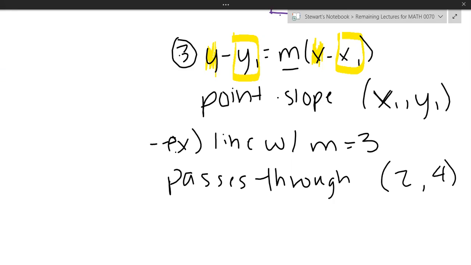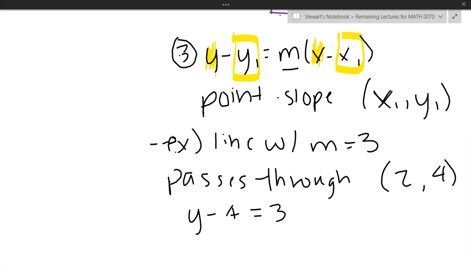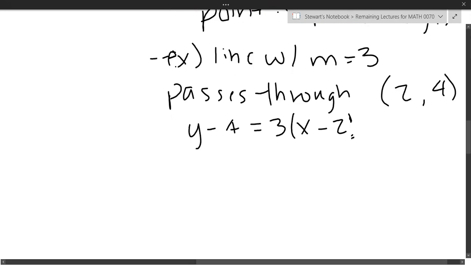Say that happens and you want to get into slope-intercept form. Well, what we can do then is y minus 4, because that's our y1, is equal to the slope, which we know, of 3. And then we have x, our variable, minus x1, which is 2. And then all we have to do is just get y by itself, and then we'll be in slope-intercept form.